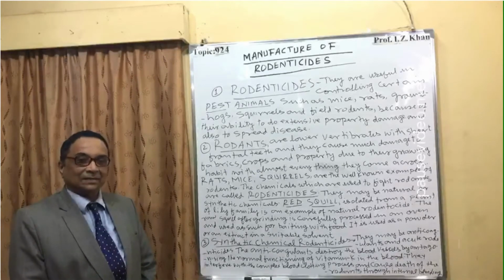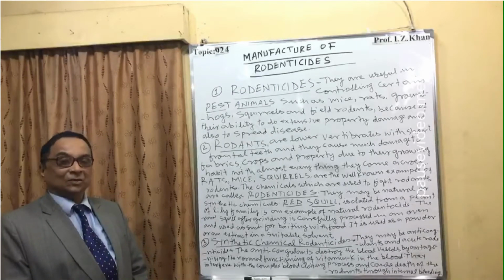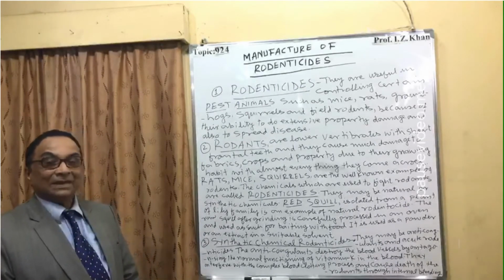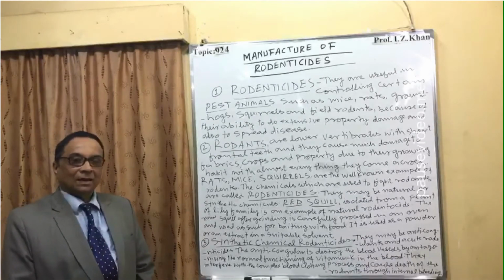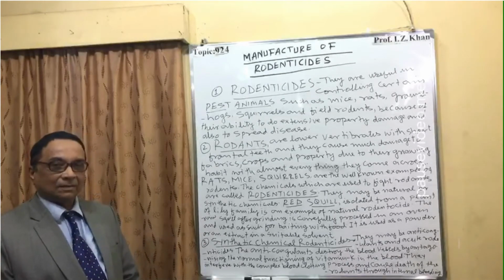Hemolysis will take place and viscosity of the blood will be reduced, and in this way there will be internal bleeding, and this will cause the death of rodents.